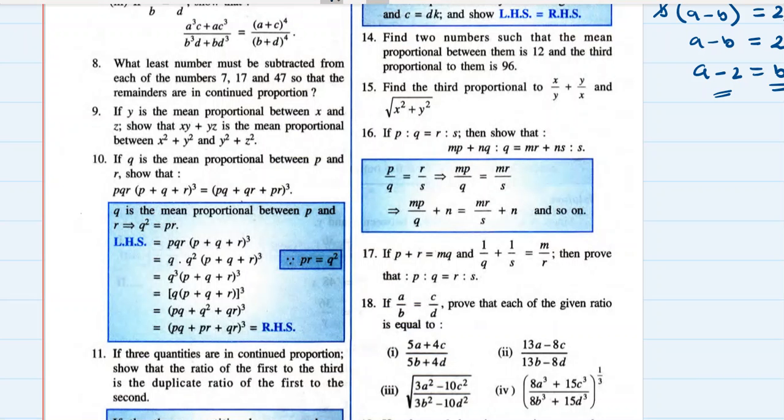So what they have said in the proof is that if P by Q is equal to R by S, and then if you multiply M with both the terms in the numerator, the value of the ratio will not change. Just a moment.